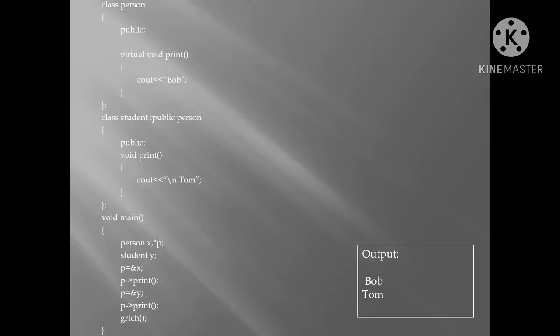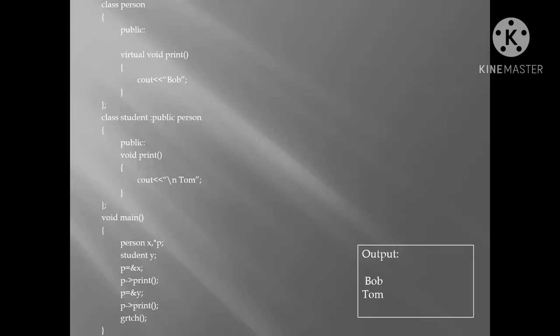Now see the program. See the simple program showing runtime behavior of virtual function. As you can see on the screen, I have created two classes, that is class person and class student. Class person is my base class and class student is my derived class.